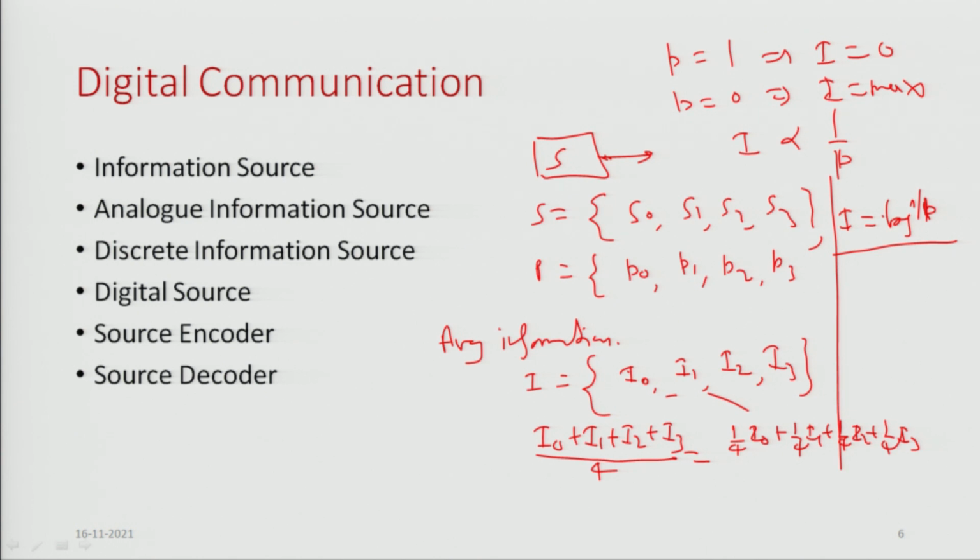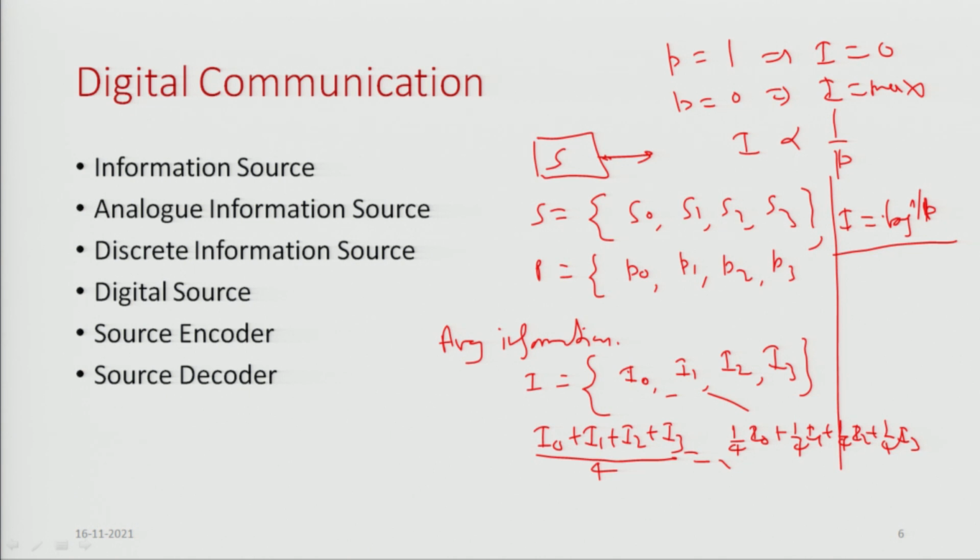And 1 by 4 is the probability if all the symbols are equiprobable. That equiprobability is multiplied with the information contained in each symbol. This averaging method is correct if the symbols are equiprobable.